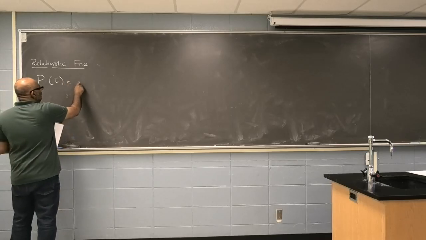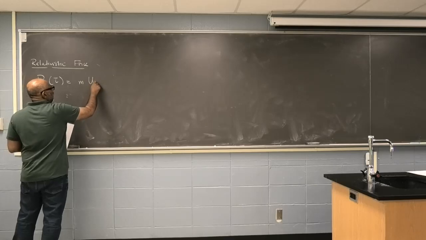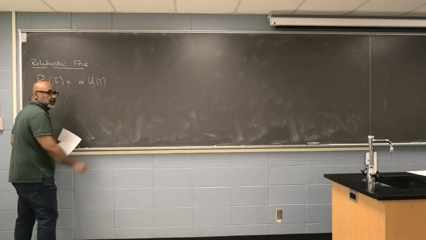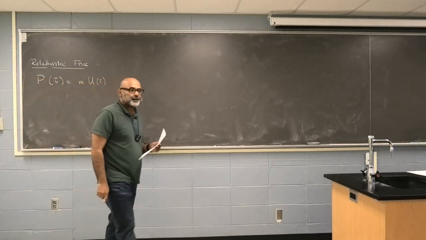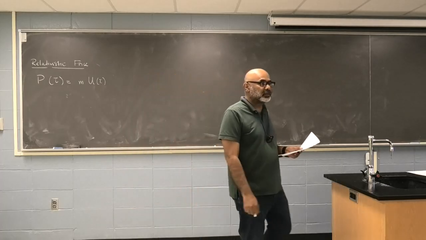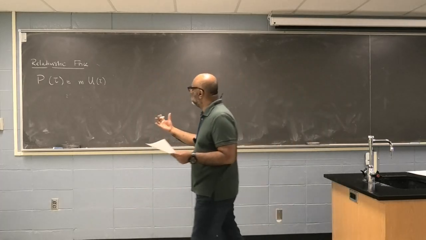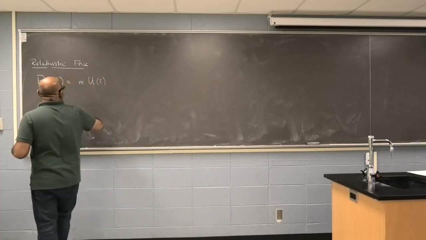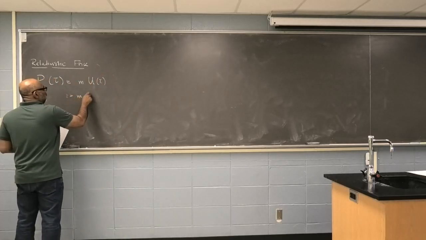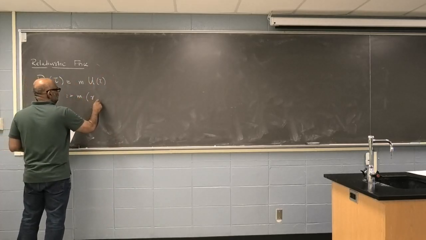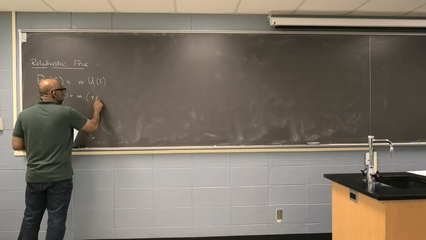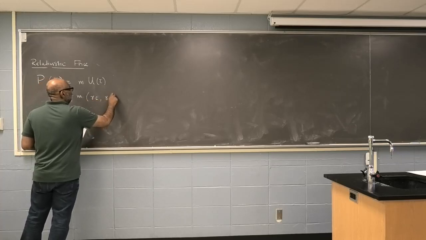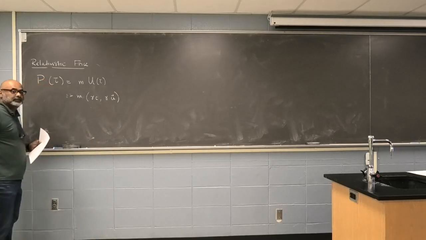It is exactly what you would expect: mass times the 4-velocity. Mass times velocity is momentum. But this time we use proper 4-velocity. So what is this? Gamma c, gamma u.